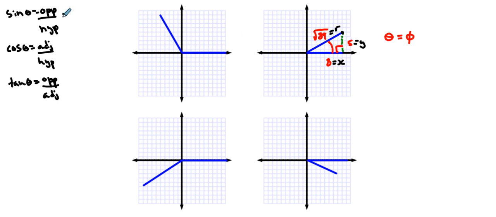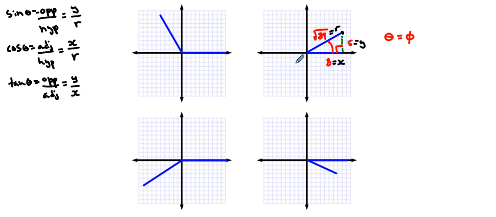So I can rewrite these saying that my opposite side will be y, my hypotenuse is r, my adjacent side of that angle is x, my hypotenuse is r, and here it's going to be y over x.